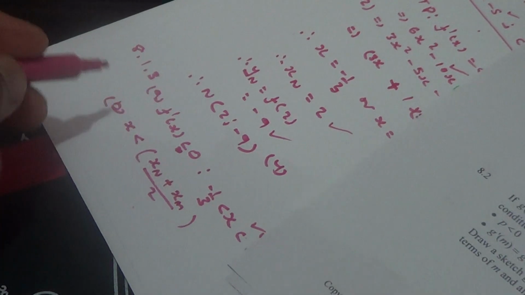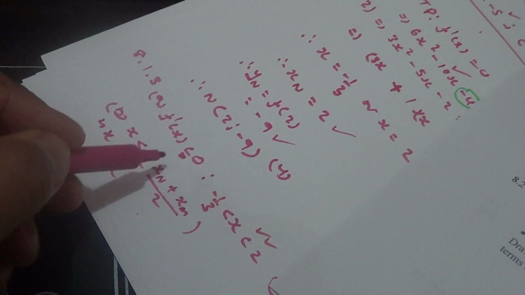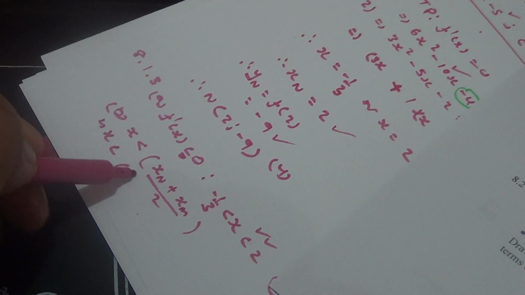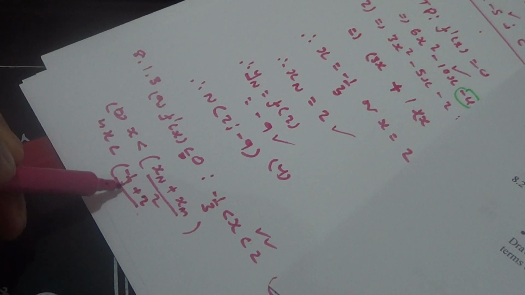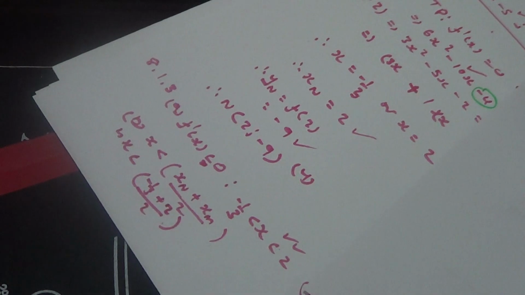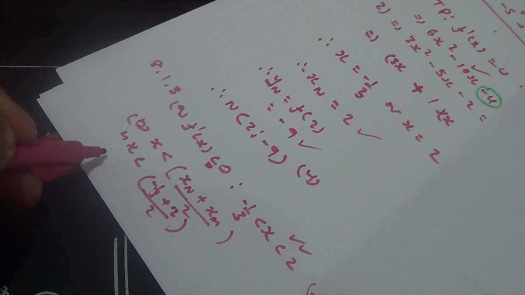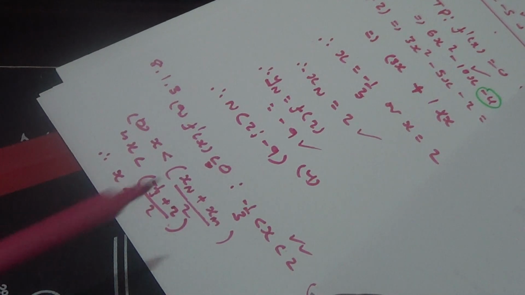Yeah, that's what it is, which implies that x is less than, what was this one? It's minus a third plus 2. All of that divide by 2, isn't it? Great. Therefore x must be less than what?